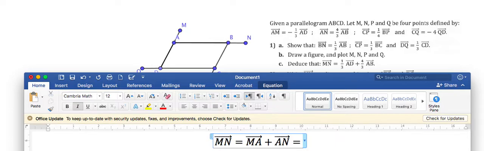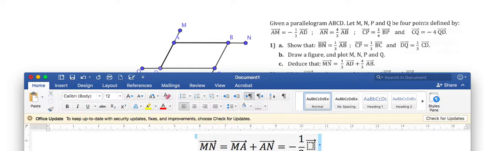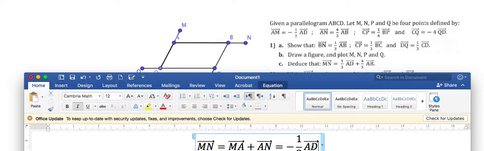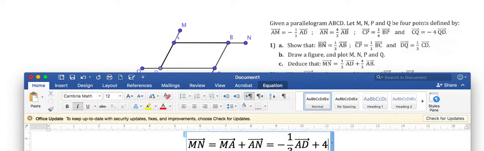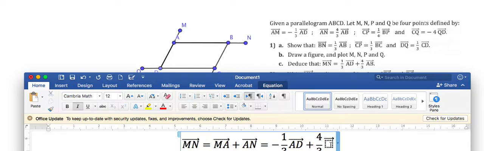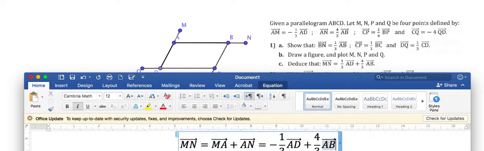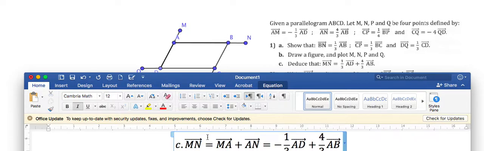Vector MA can be replaced by minus a third vector AD, and vector AN can be replaced by 4 over 3 vector AB. So I used the previous result to show that vector MN can be written as a linear combination of AD and AB.